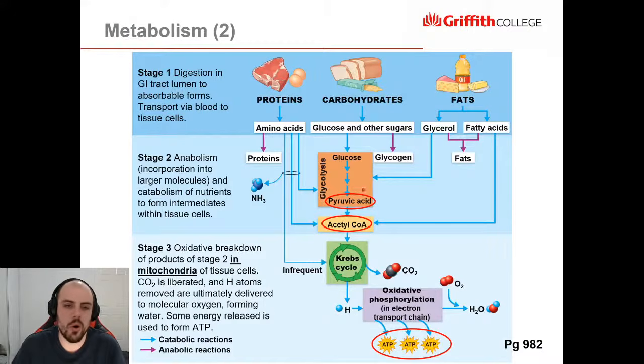So all I want you guys to know is that we take these proteins, we take those carbohydrates, and we take these fats. And there are 3 key processes. All I want you to do is just know the name of them, okay?